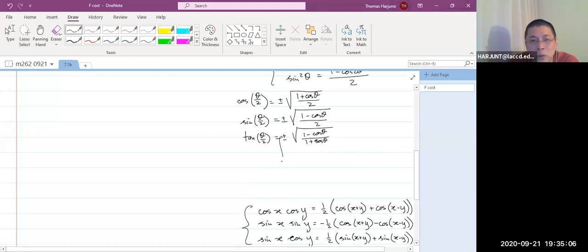So for tangent, another one is 1 minus cosine theta over sine theta. The other one is sine theta over 1 plus cosine theta.